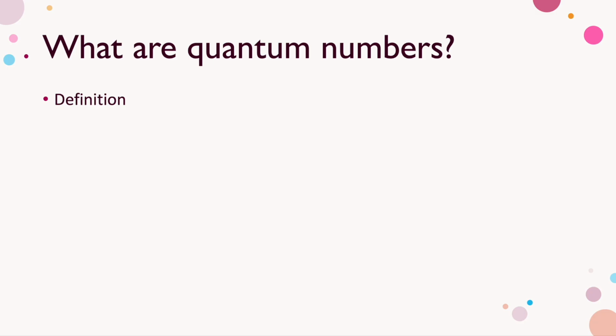Now, before I talk about each of the quantum numbers, I want to talk about quantum theory and tell you what it says. So quantum theory says that matter and energy have the same property as both particles and waves, so tiny units of electromagnetic energy.